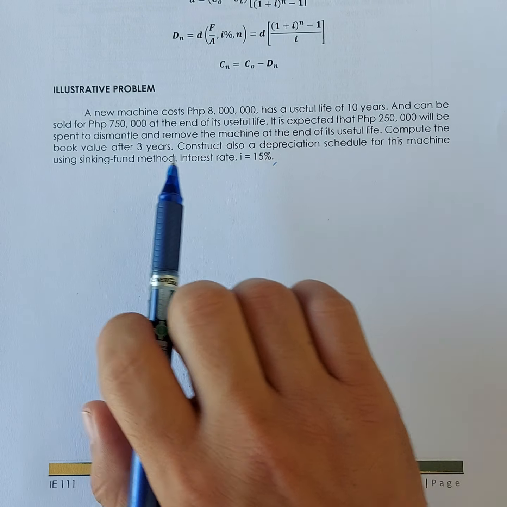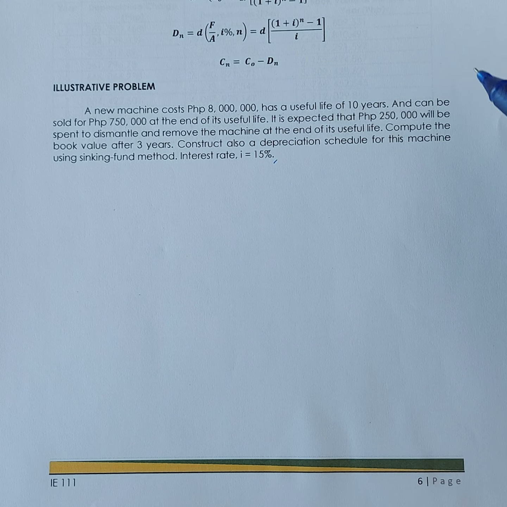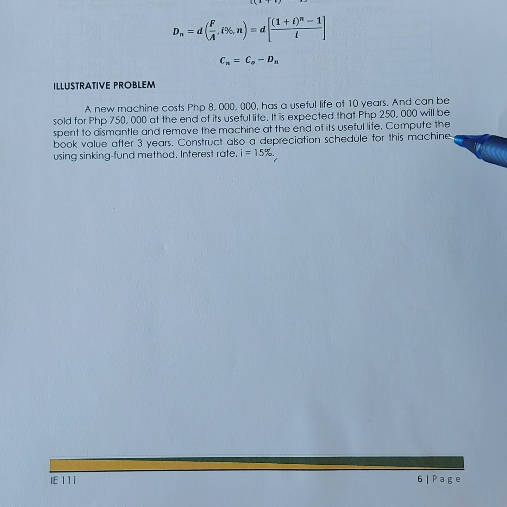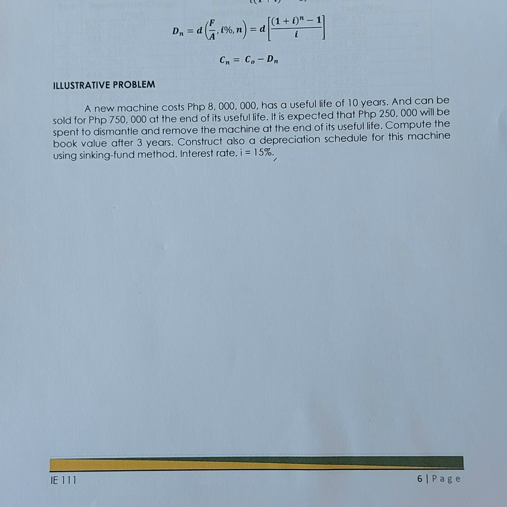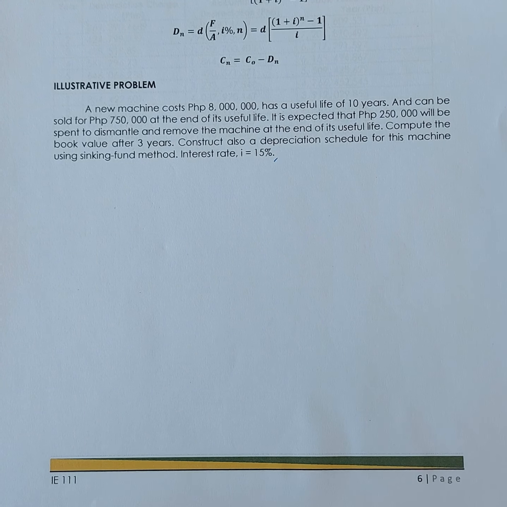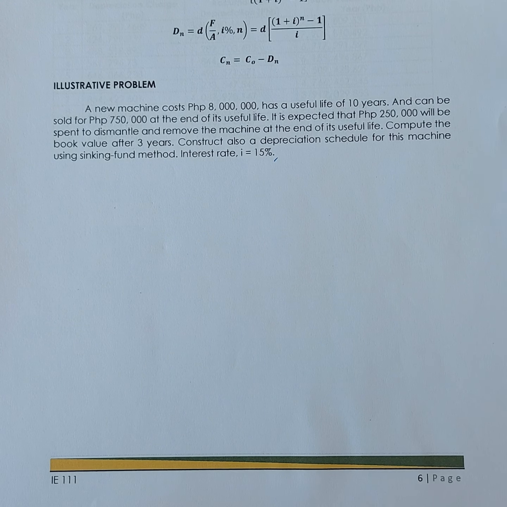So, a machine costs 8 million pesos, has a useful life of 10 years. Again, and can be sold for 750,000 at the end of its useful life. It is expected that 250,000 will be spent to dismantle and remove the machine at the end of its useful life. Compute the book value after 3 years. Construct also a depreciation schedule for this machine using sinking fund method. The interest rate is 15%.